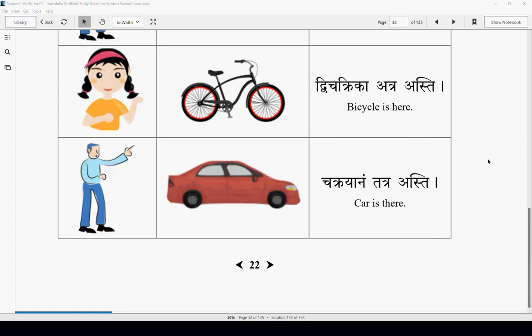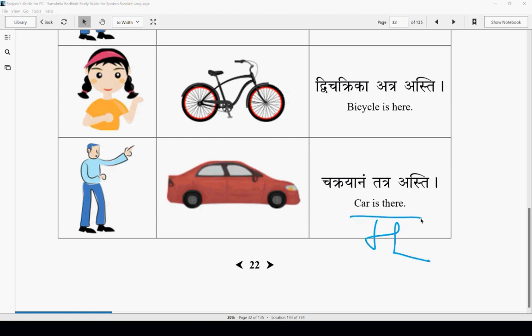Sir, I have a question. The kra, the chakra, it also can be written as ka with a line down, right? Yes. Okay, so the font which is used here comes up like this. Chakra, correct. Sir, I have one more question. That yanam, here it's not an anuswara. So you can write the full ma, right? Yes.